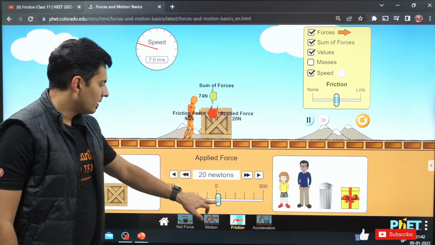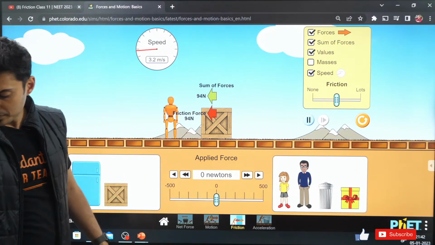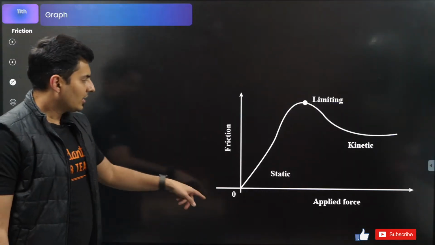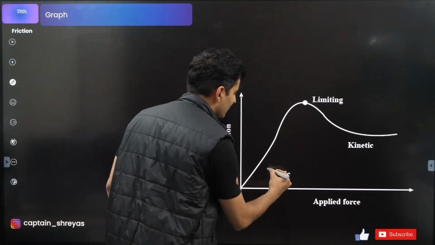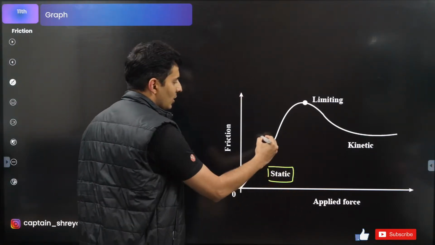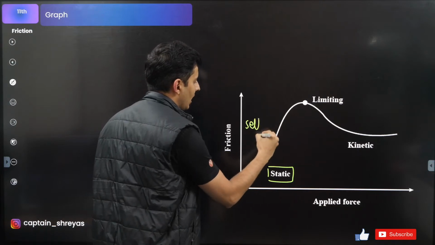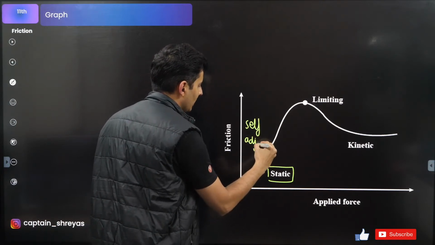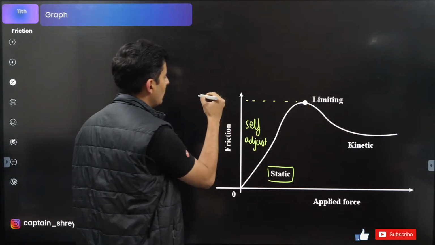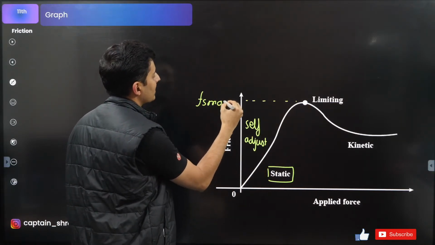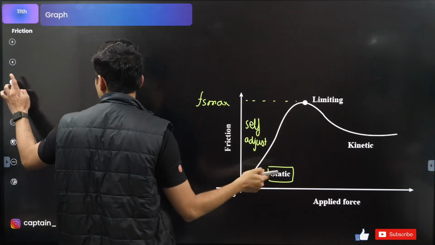So over here, let me just bring it back. If I show the graph, it also looks very similar over here. You can see it is static in nature. It is self-adjusting initially till it reaches the limiting value, which is obviously Fs max, and then the fall is sudden.